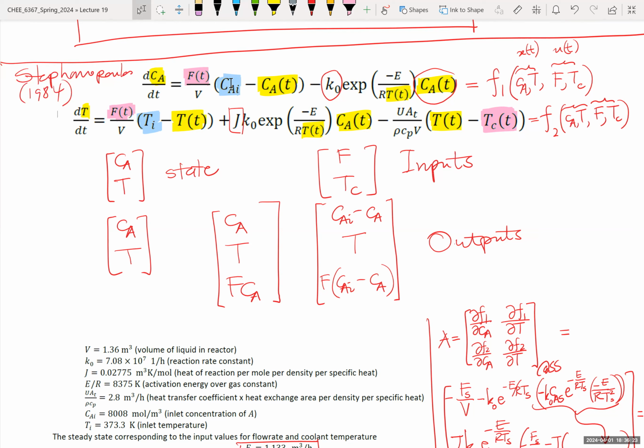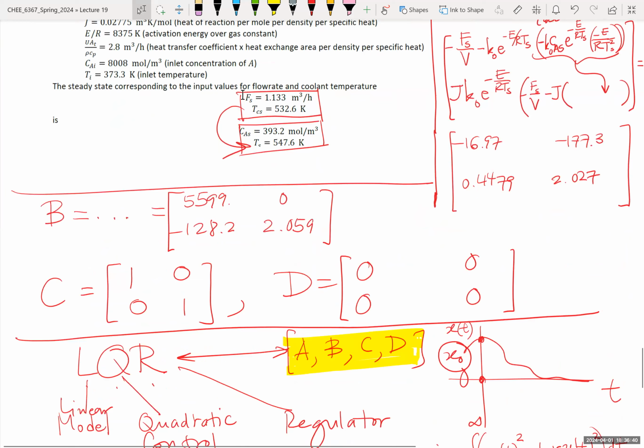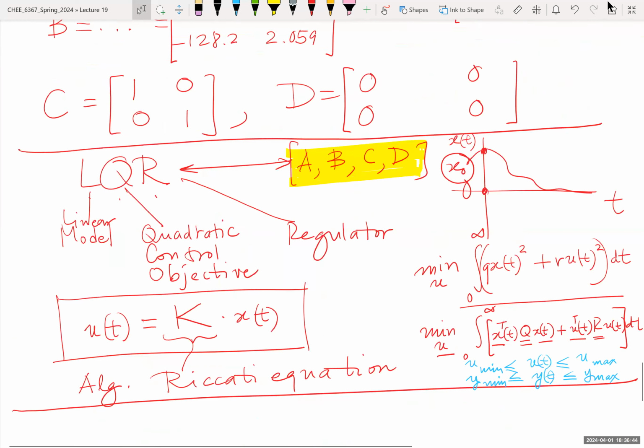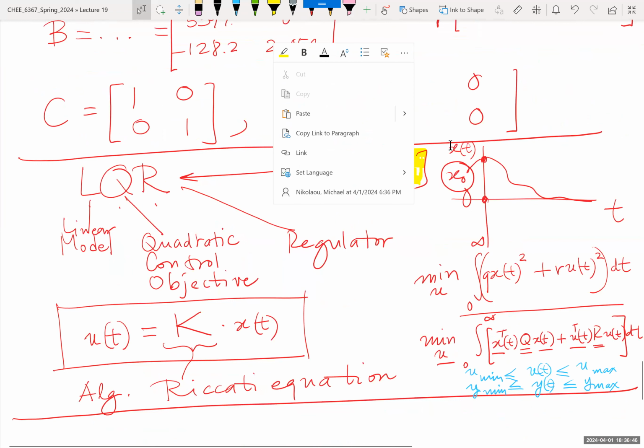Because for linear models, we can apply good theory, design good controllers, we have good tools, and it works quite well. So we apply our theory. What theory? How to go from this model to an approximate linear model, and then transfer functions and eventually controllers. So we are here where we have linearized our system. We get the linearized version. So we have the A, B, C, D matrix of the linearized version.